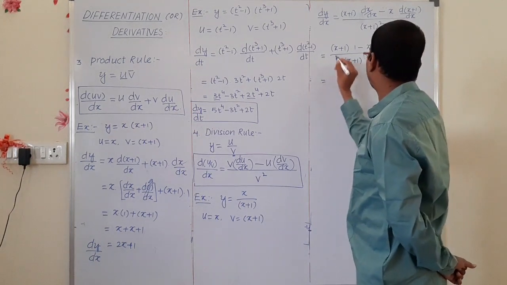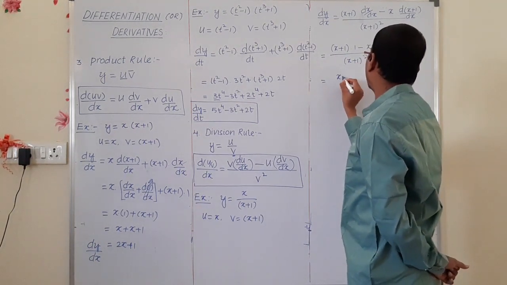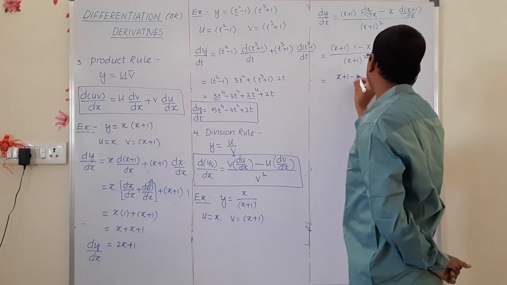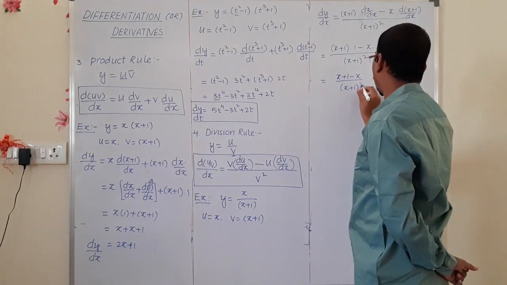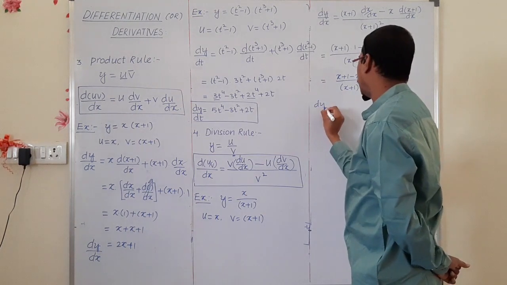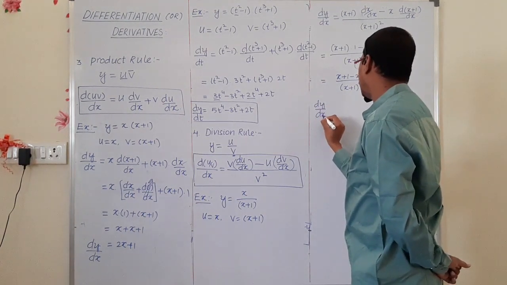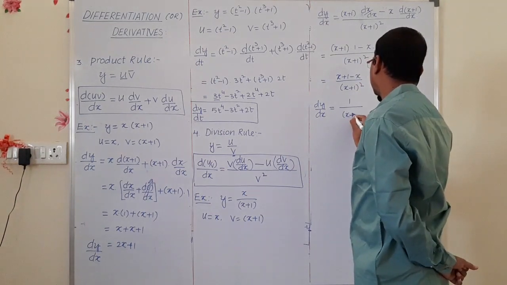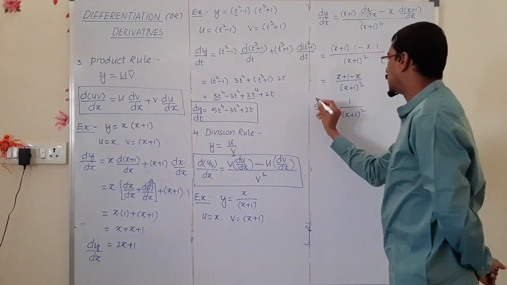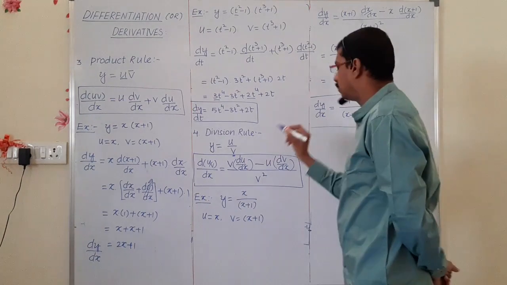Now what is the formula we are getting? x plus 1 minus x upon x plus 1 whole square. Now dy upon dx is equals to 1 upon x plus 1 whole square. This is our differentiation method.